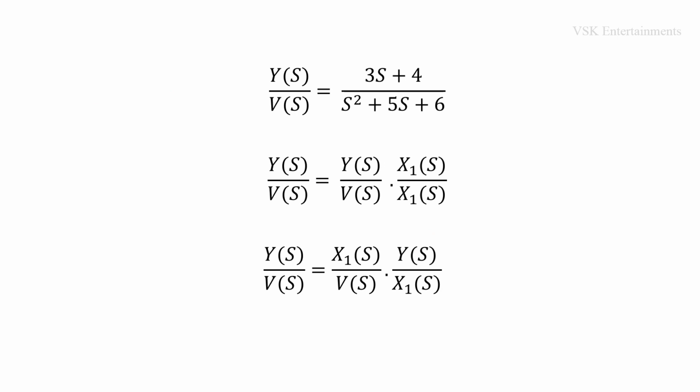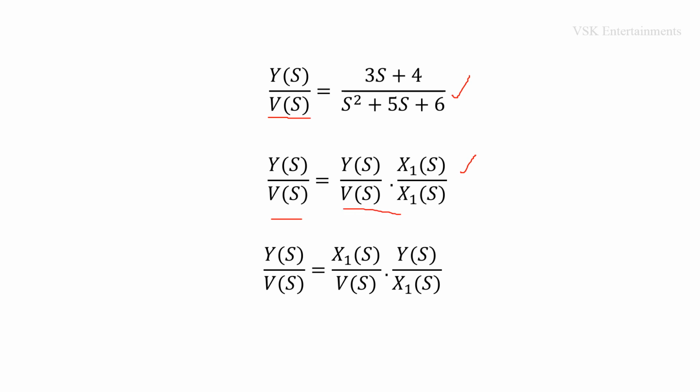Now coming to the solution, first consider the given transfer function, that is Y(s)/V(s) = (3s + 4)/(s^2 + 5s + 6). Now multiply and divide Y(s)/V(s) with X1(s). Then we get Y(s)/V(s) = Y(s)/V(s) into X1(s)/X1(s).